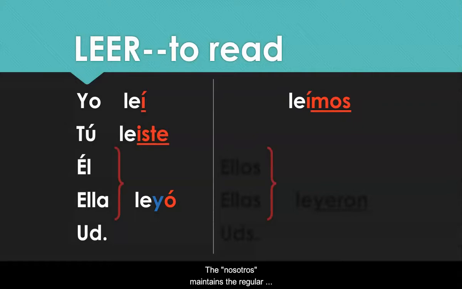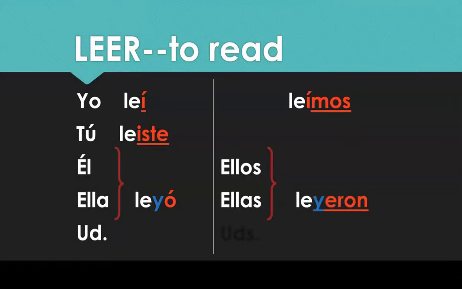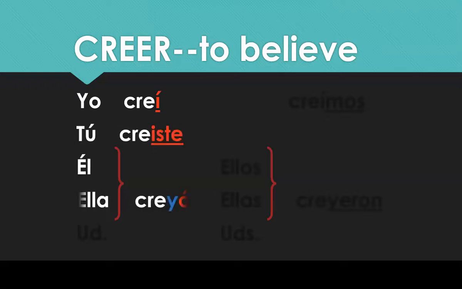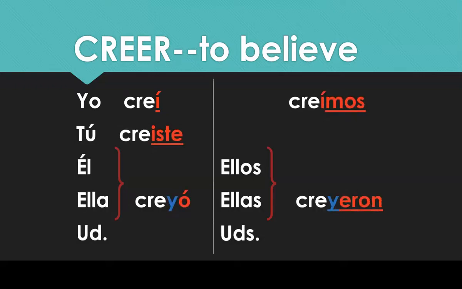The nosotros maintains the regular conjugation, leímos. Ellos, ellas, leyeron. So we are going to substitute it with a Y. Let's take a look at creer. Creí, creíste, creyó, creímos, creyeron.